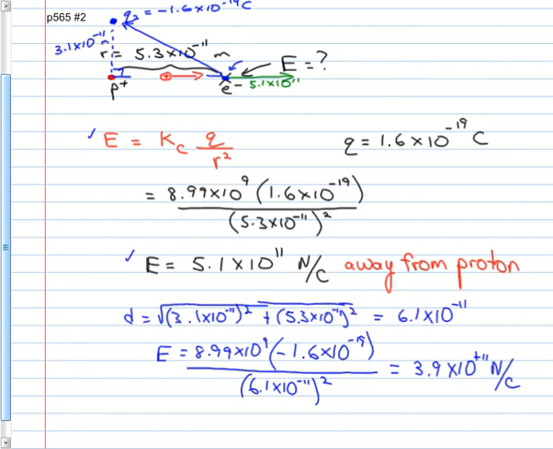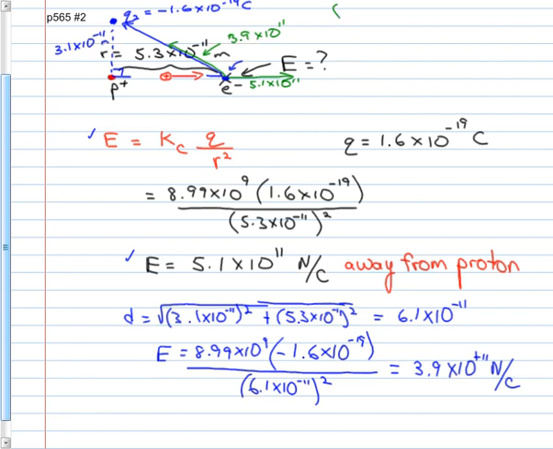Now this is a negative charge, so a positive test charge would be attracted to it. So it's going in this direction at 3.9 times 10 to the 11th. I need to combine these two.